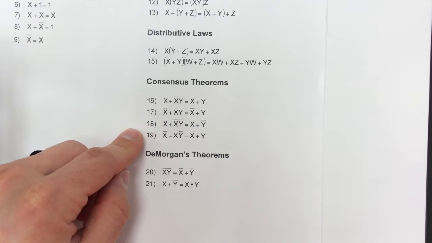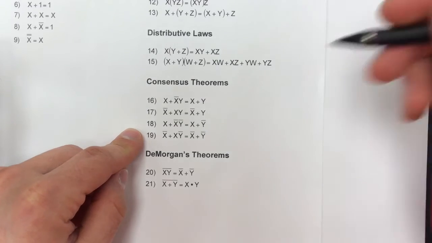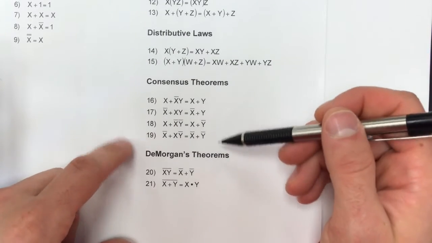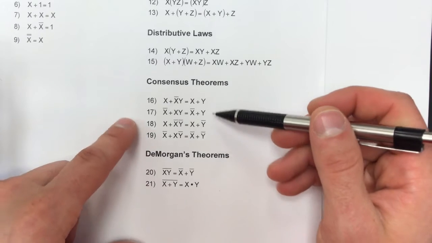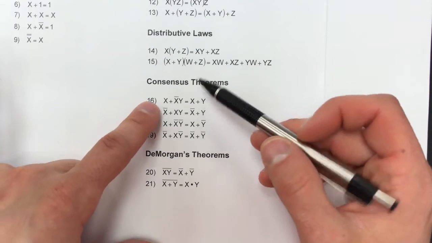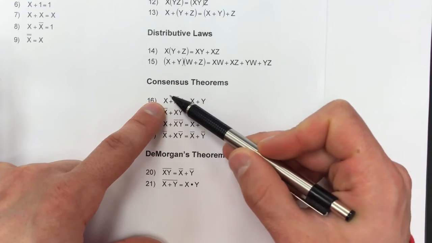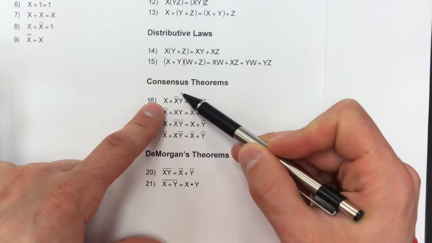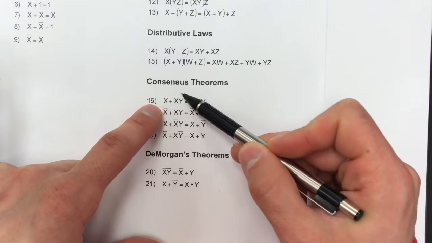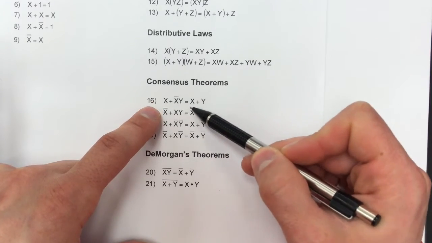We're going to use these laws pretty extensively, the DeMorgan's laws and consensus laws. What we're going to do is look for these scenarios in logic expressions, and substitute the output in.